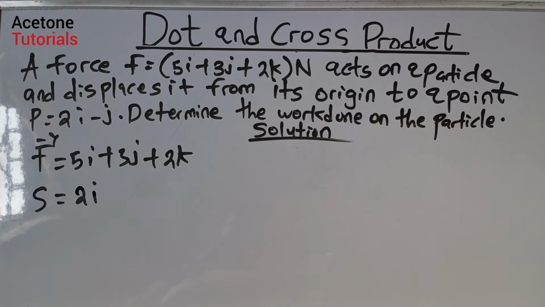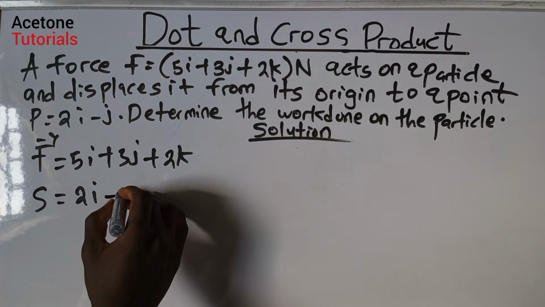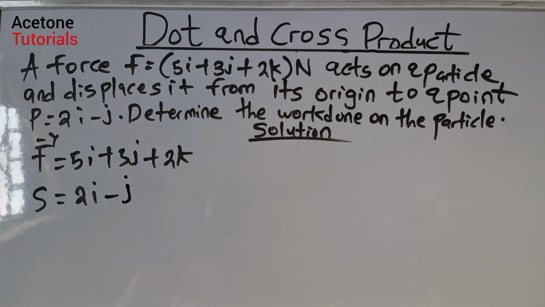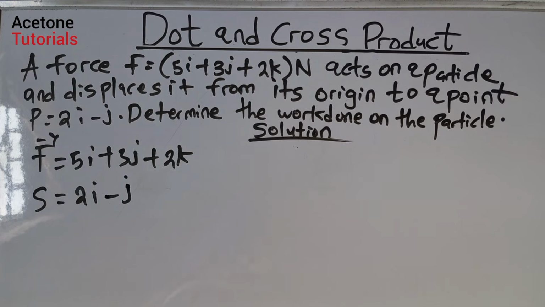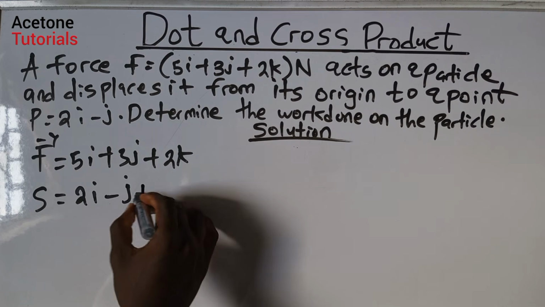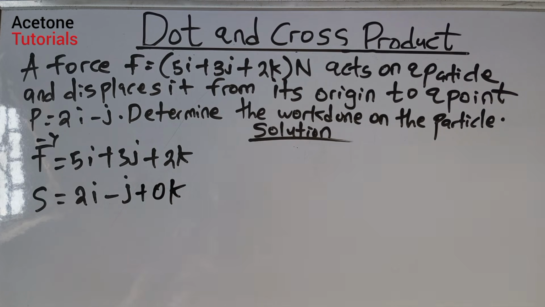Minus 1 minus 0 is minus 1j, which is minus j. P has no k component, so we can just write 0 minus 0, which is 0k. So that is the displacement vector, 2i minus j plus 0k.